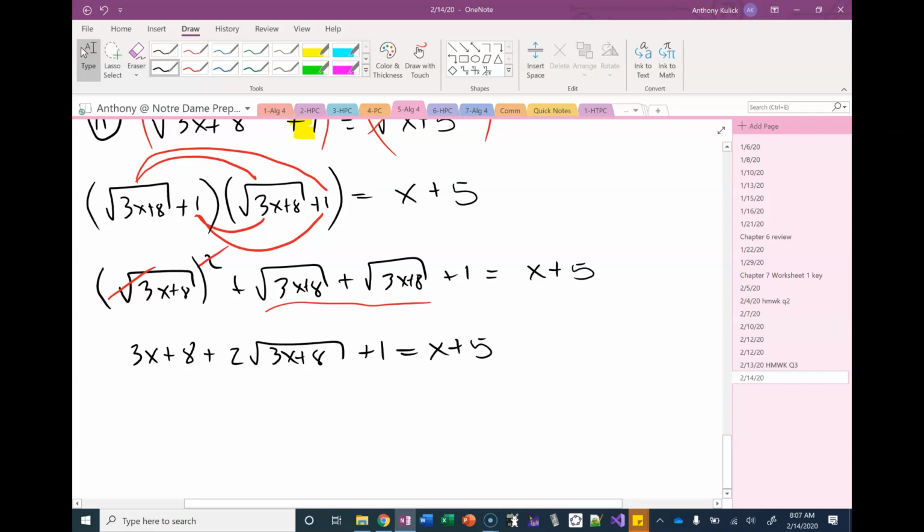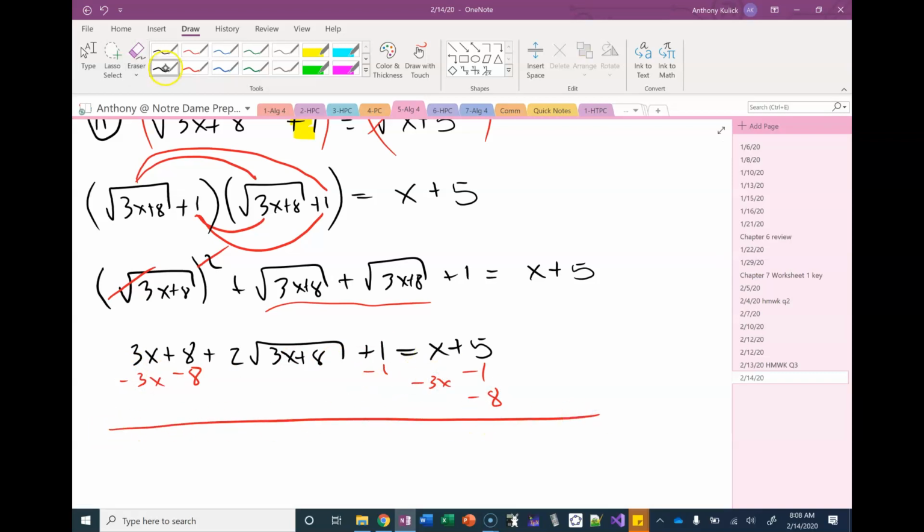Okay. So what I'm going to do now is I'm going to isolate the radical for 3x plus 8. So I'm going to subtract this 1 over. Also got to subtract this 8 over. And I got to subtract this 3x over. So when I do that, I get negative 2x minus 4.